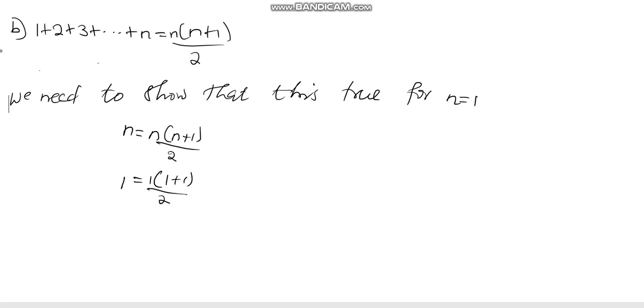So 1 is equal to 1 multiplied by 2 divided by 2. This gives us 1 equals 1. Therefore we put a statement to say therefore true for n equal to 1. Then we'll go to step number 2.